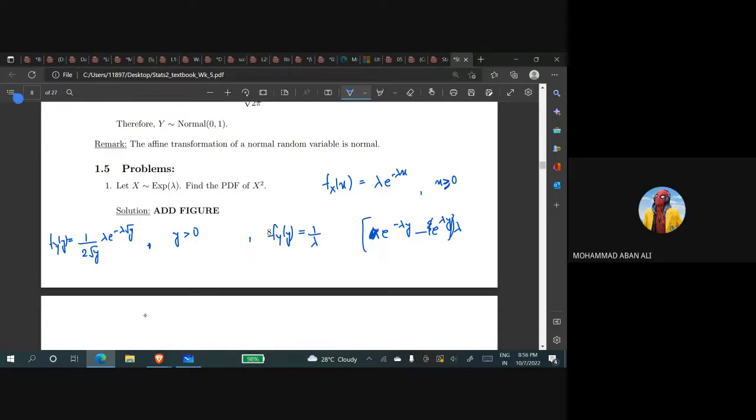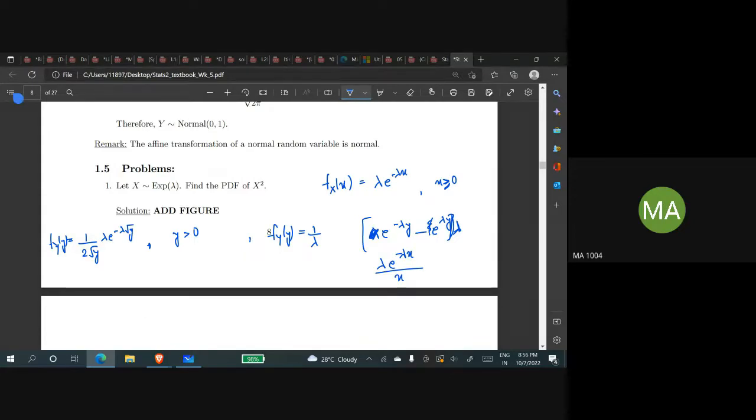So you are saying e to the power minus lambda y minus e to the power lambda y, whole into lambda. Yes, ma'am. Can I give mine? Okay, yeah. Lambda e to the power minus lambda x by x.